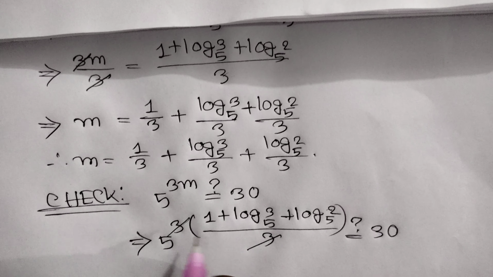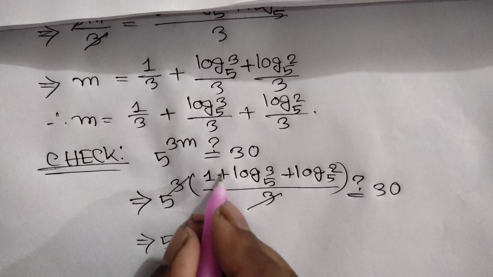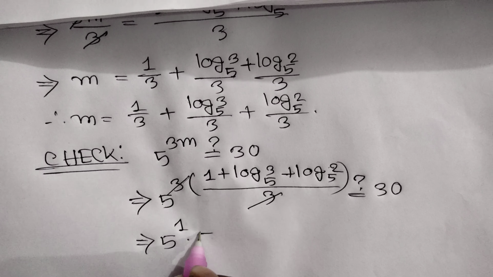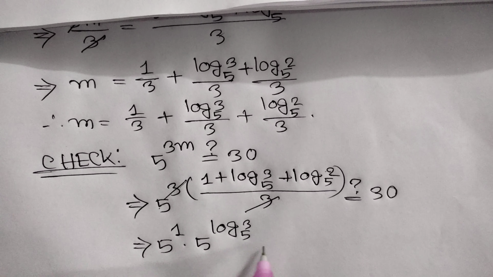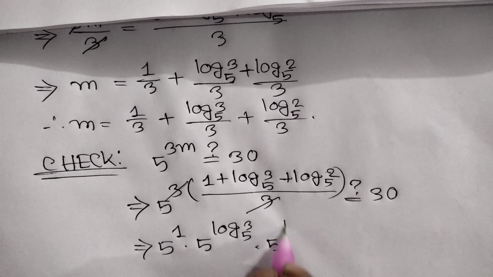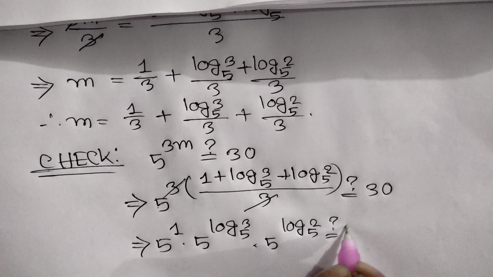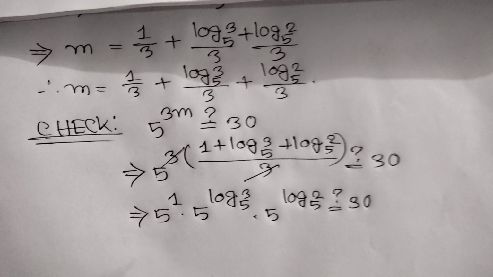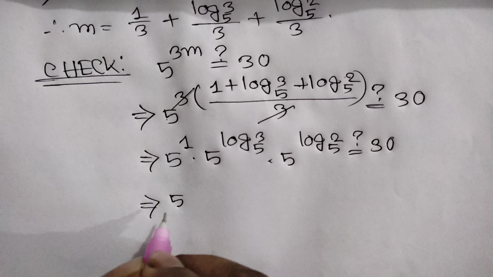Now this 3 cancels out this 3, so we can write 5 to the power 1 times 5 to the power log of 3 base 5 times 5 to the power log of 2 base 5, is it equal to 30? 5 to the power 1 is equal to 5.